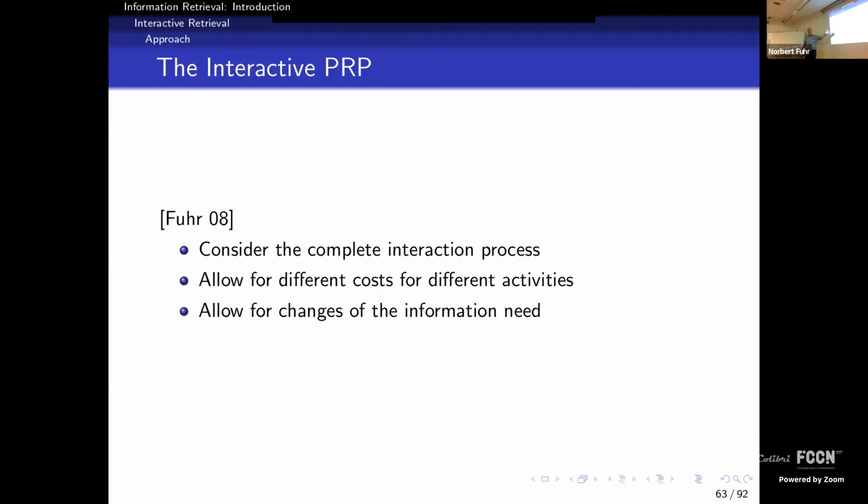So we have different costs for the different activities. Reading the snippet of a document takes longer than deciding whether a term should be excluded from the search. And furthermore, we allow for changes of the information need. During the search, the information need might change.